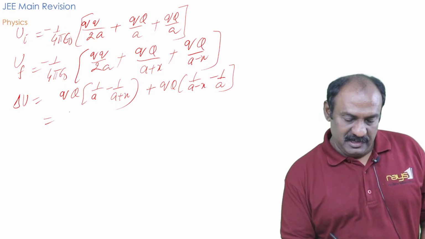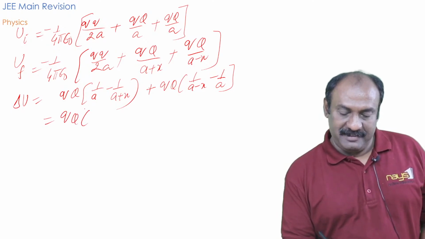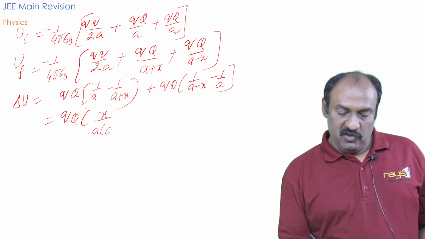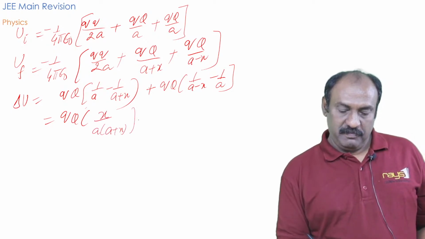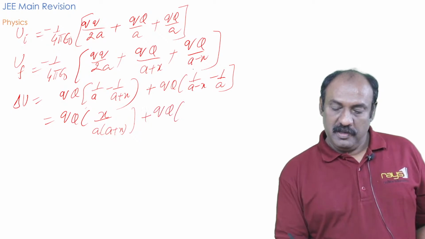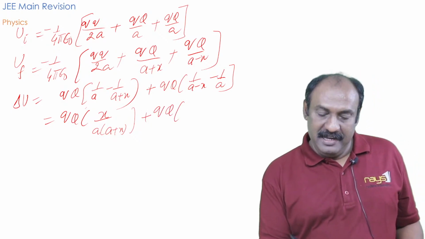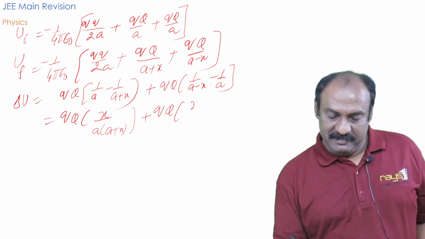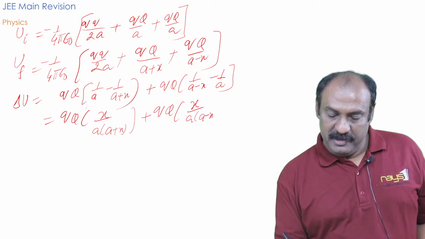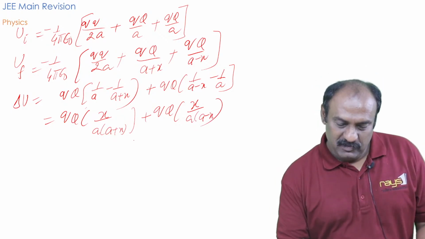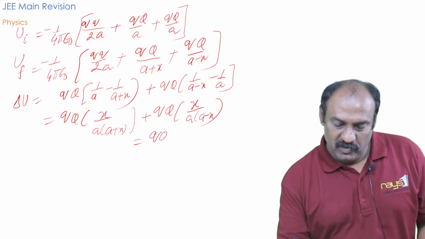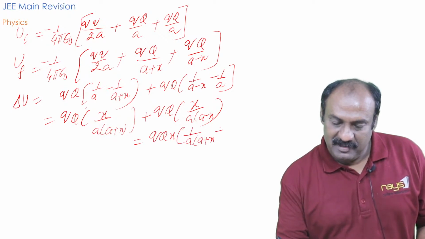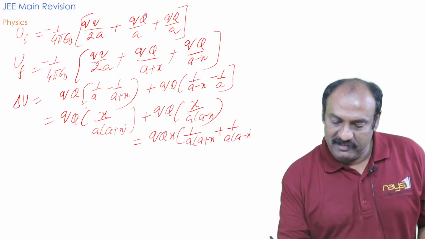So after calculation you get q into x by a into a plus x, plus q into x by a into a minus x, that equals q x taken as common factor, 1 by a into a plus x plus 1 by a into a minus x.